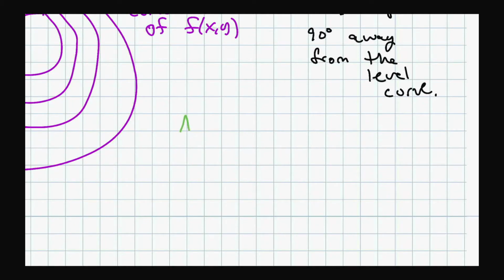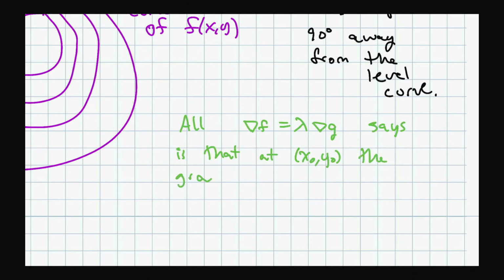So all grad f equals lambda grad g says is that at the point we care about, the gradients are parallel. They point in the same direction, or opposite.